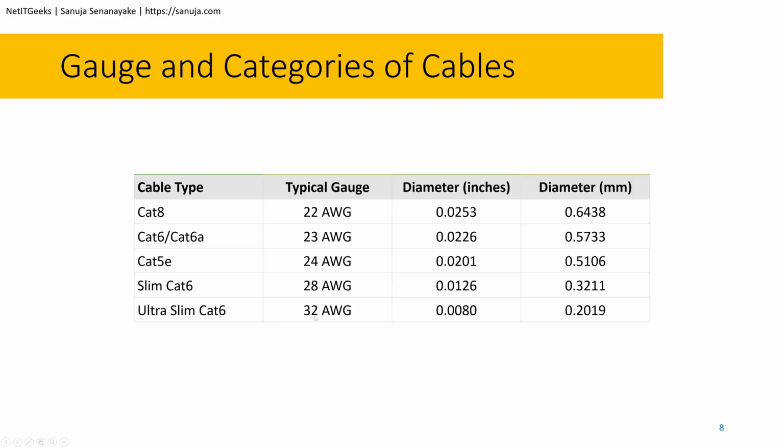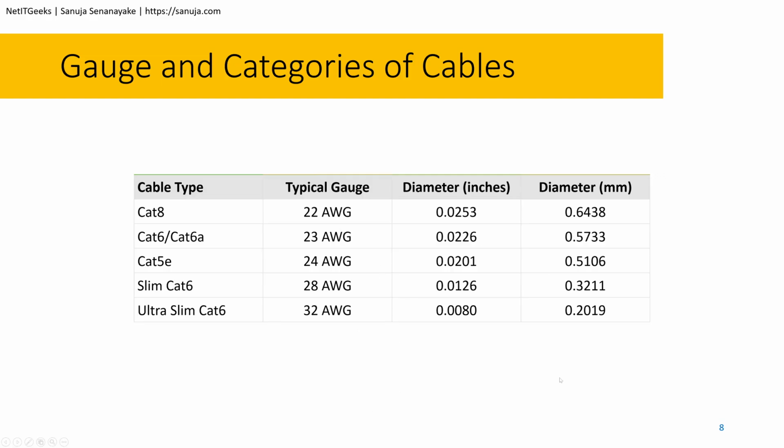Again, when I'm installing cables, if I have to use power over Ethernet with very high power drawing, higher end spectrum devices, I usually go with Cat 5E non-slim or Cat 6 non-slim cables because of the gauge difference.